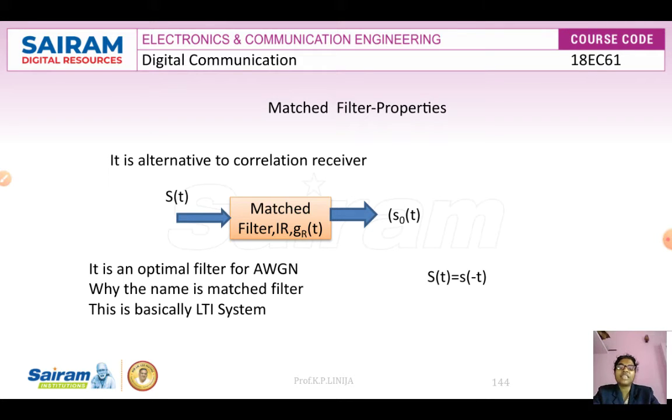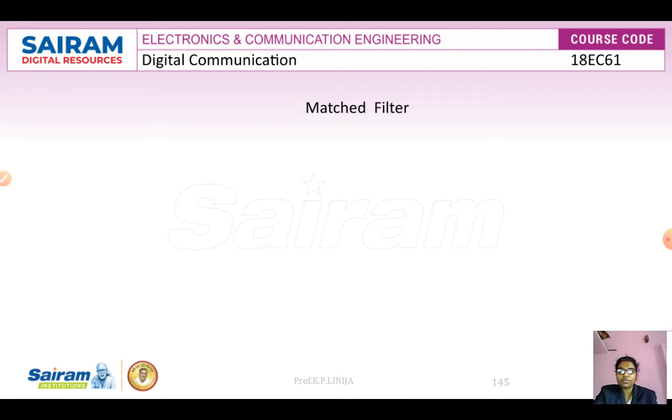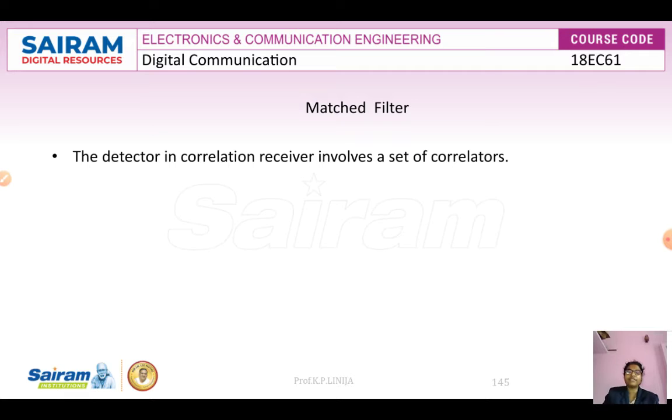First I do the time reversal, that is s of minus t, which we have already discussed in signals and systems. This time-reversed function is shifted by capital T. Therefore we can write s of minus t plus T, where T is the bit duration.